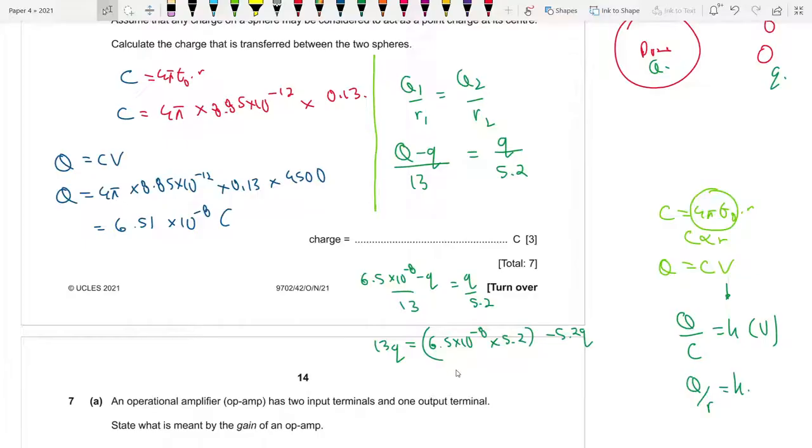Or if you bring it to that side, 13 plus 5.2 times q is equal to 6.5 into 10 to the power minus 8 into 5.2. Let's solve this. I'm getting a value of 1.9. q is equal to 1.9 into 10 to the power minus 8 coulombs. Okay, this is one way of doing it.